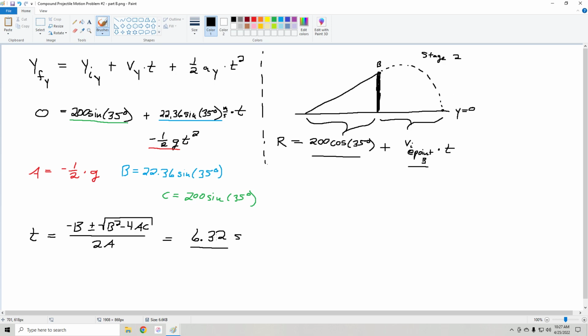So it takes 6.32 seconds to go from point B to ground. And that means that we are plugging 6.32 into this expression right here. That's the t that we want. That's the time. And this will be 6.32 seconds.